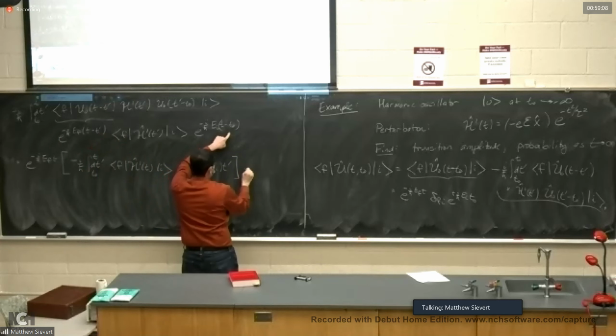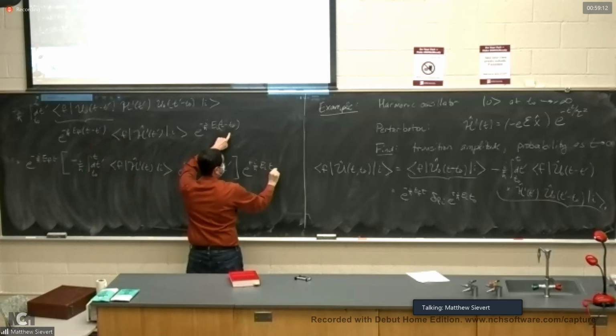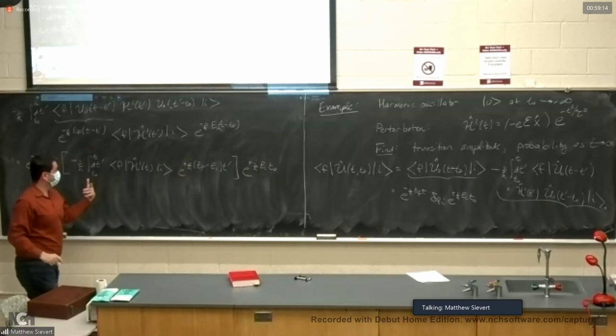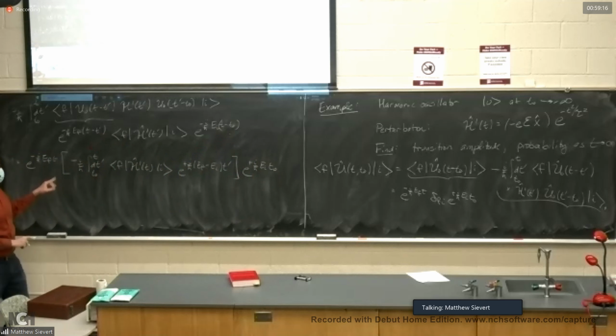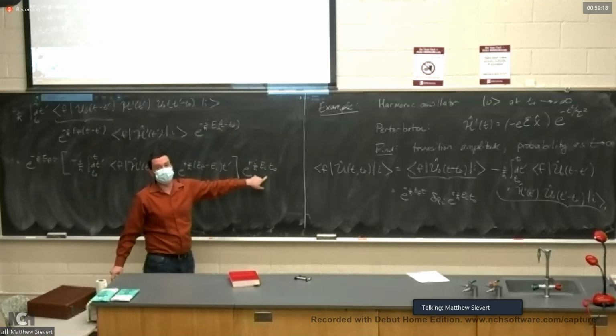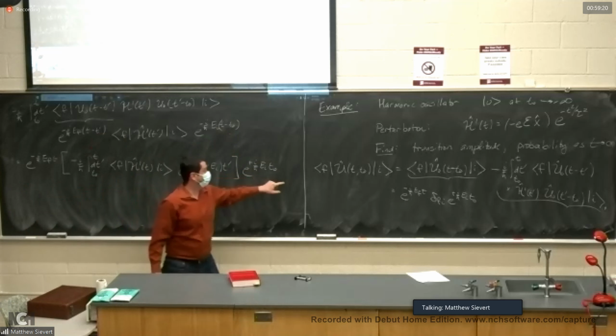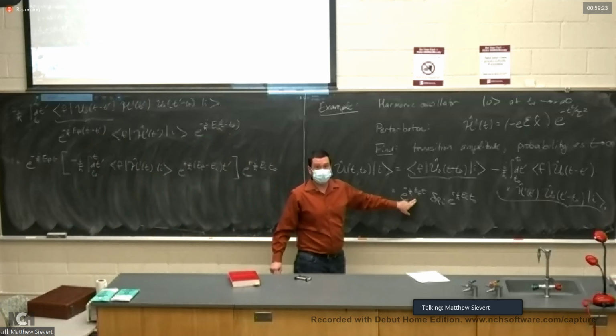And then at the end, I have e to the plus i over h bar, E initial times t naught. So thus far, it works the same way as what we had before, except now I have to pull out another factor for t naught at the end, as well as a factor for E final at the front.